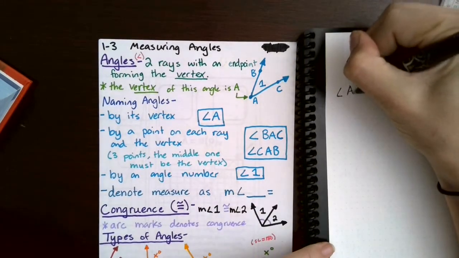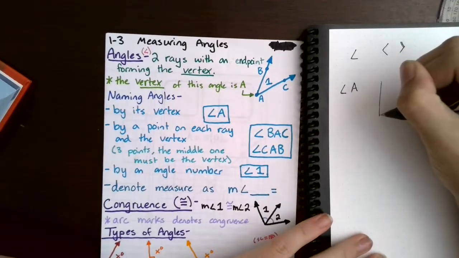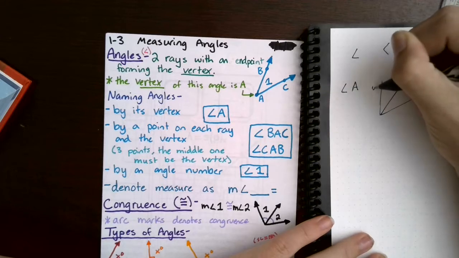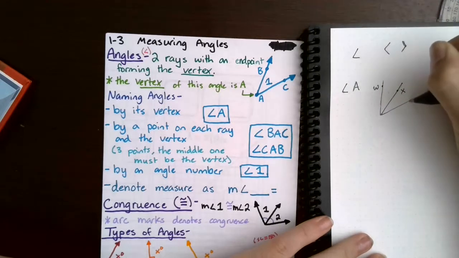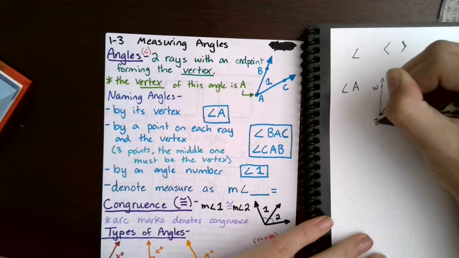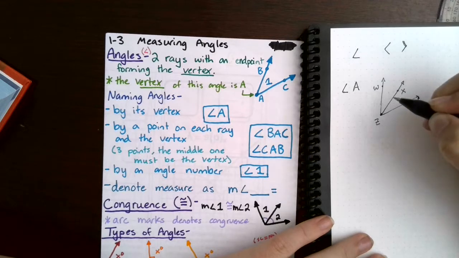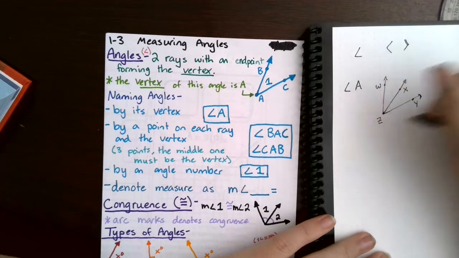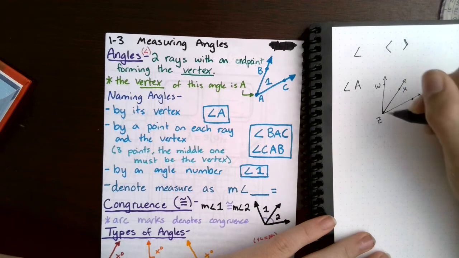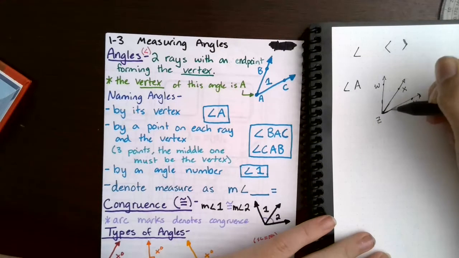Now the issue with this is this naming scheme does not work if I were to have, let's say, W, X, Y, and Z. I could not just name this angle angle Z. And the reason why is because if I just said angle Z, I do not know whether we're talking about this angle, or this whole angle right here.